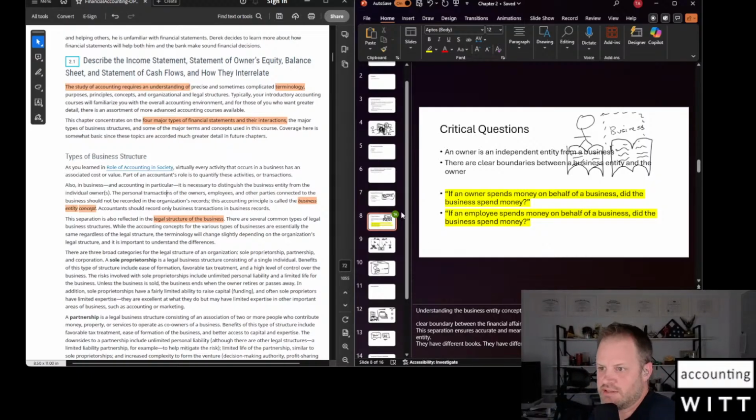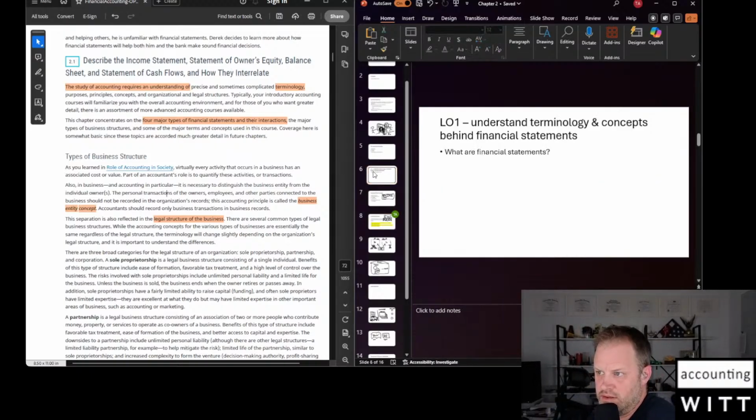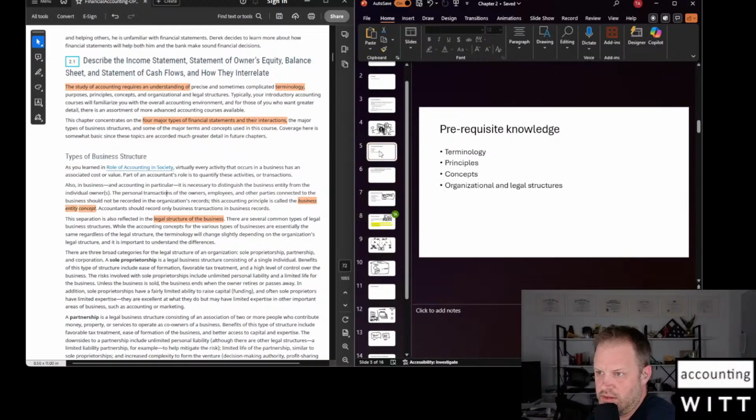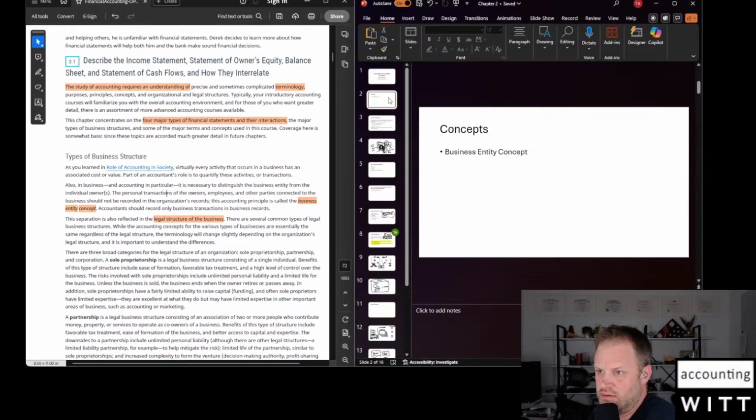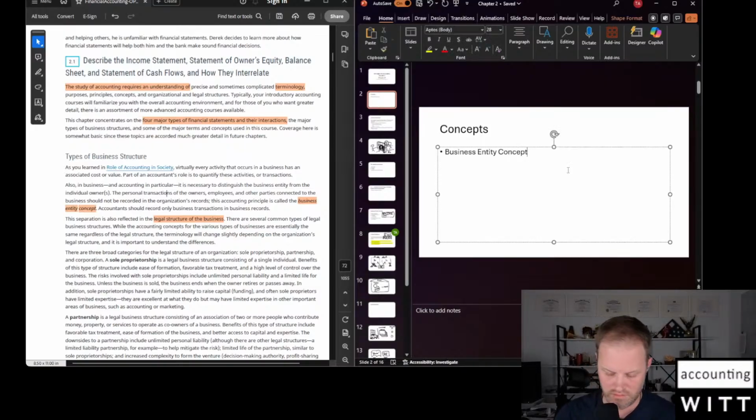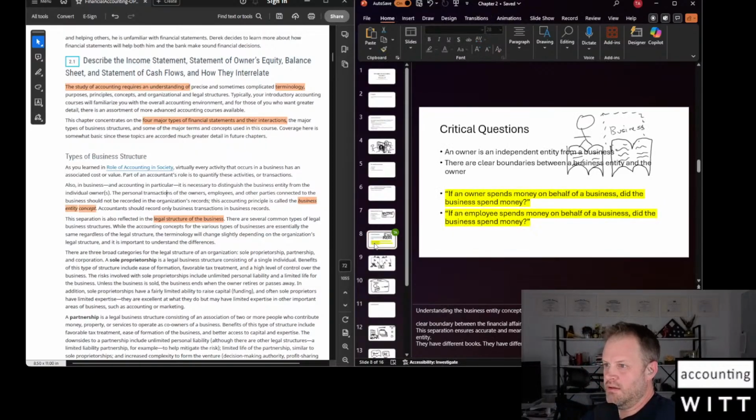All right, so that's really the main concept here. Business and owners have separate books. Okay.